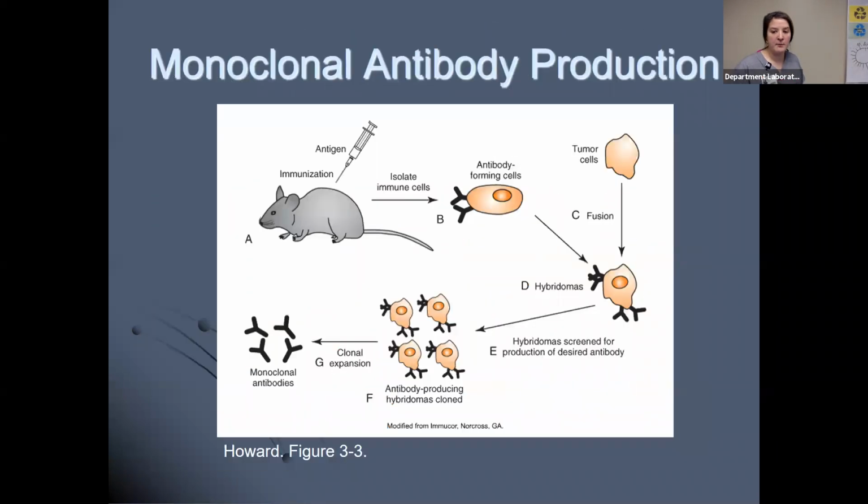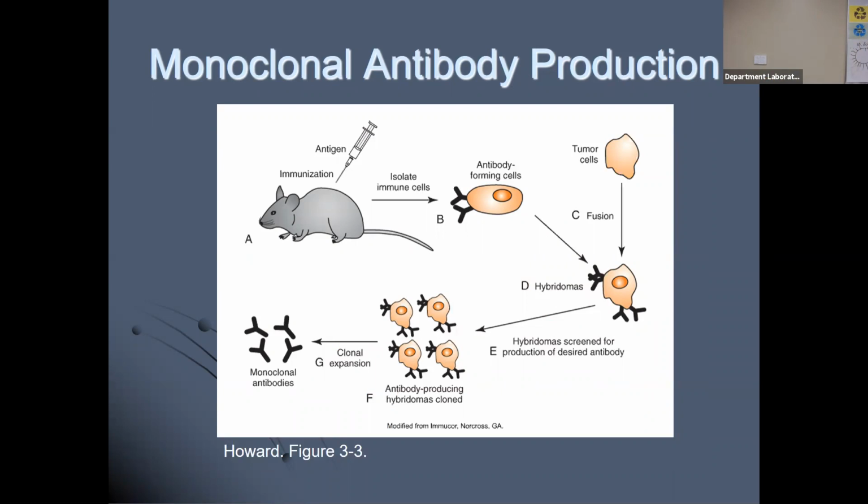And then here's an example of how these antibodies are derived. They're usually lab created, so they can take some type of host. Some vendors use mice, some vendors use rabbits. It just depends, but they're going to inject these animals, and the animal's immune system is going to produce these antibodies.